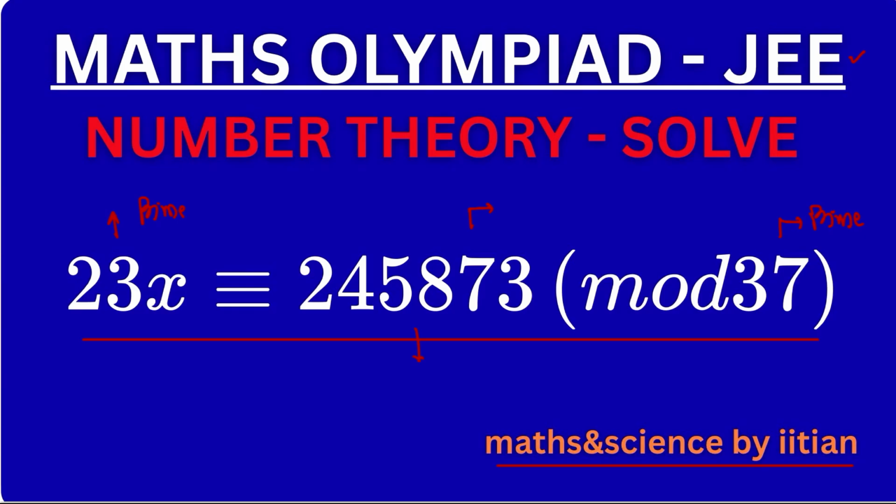It looks like a tough question because a 6-digit remainder is there. We will reduce this 6-digit remainder to some small number so that we can find the solution for x.